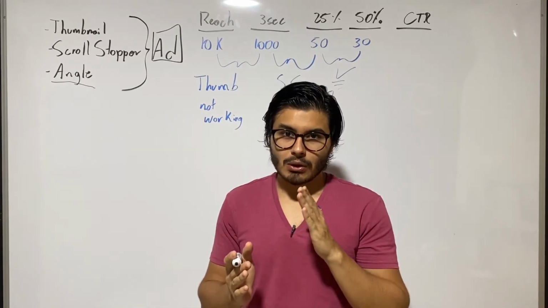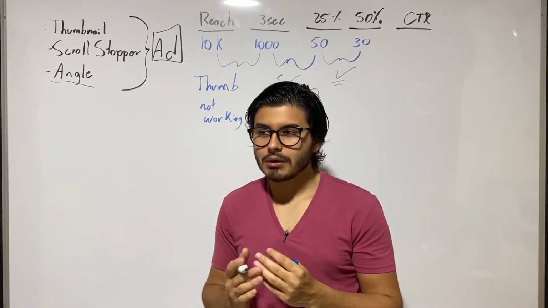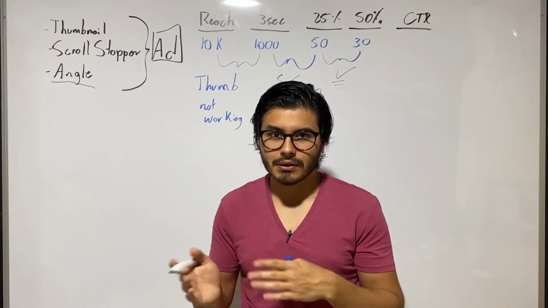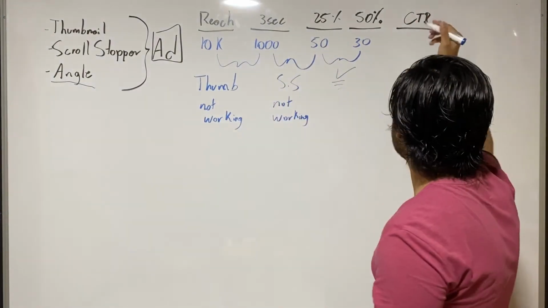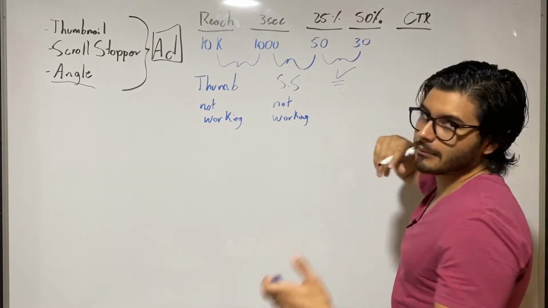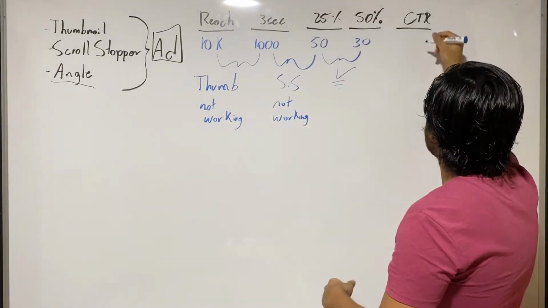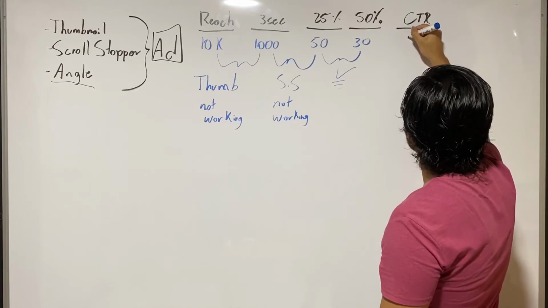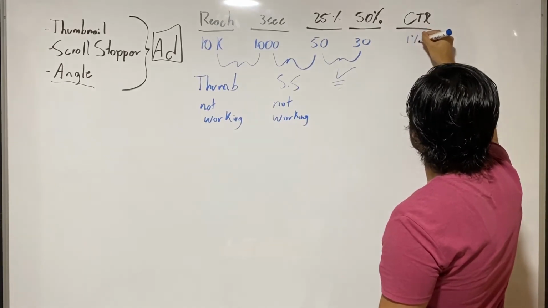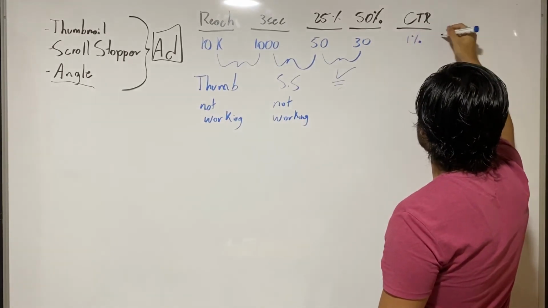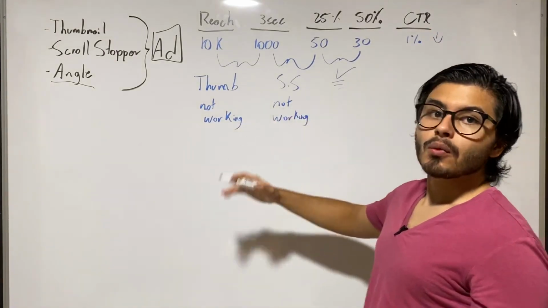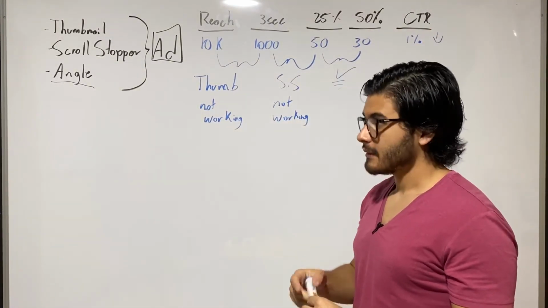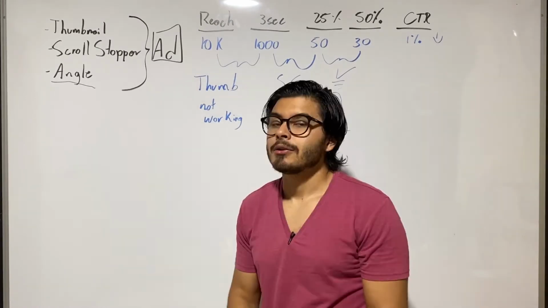If it is between 1 and 2%, well, you can make some tweaks here and there to make it work. Okay, so with these numbers, I guess I'm just throwing out some numbers, right, our CTR is going to be like below 1%.